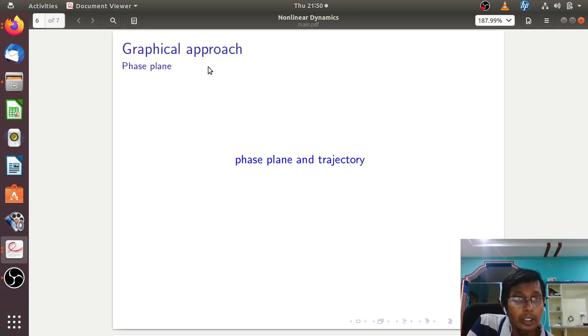What else? We have another approach called the numerical method. In numerical methods, we use the techniques we have learned in the computational methods course to solve that differential equation, and that will give an approximate solution of x, the state variable, as a function of t.